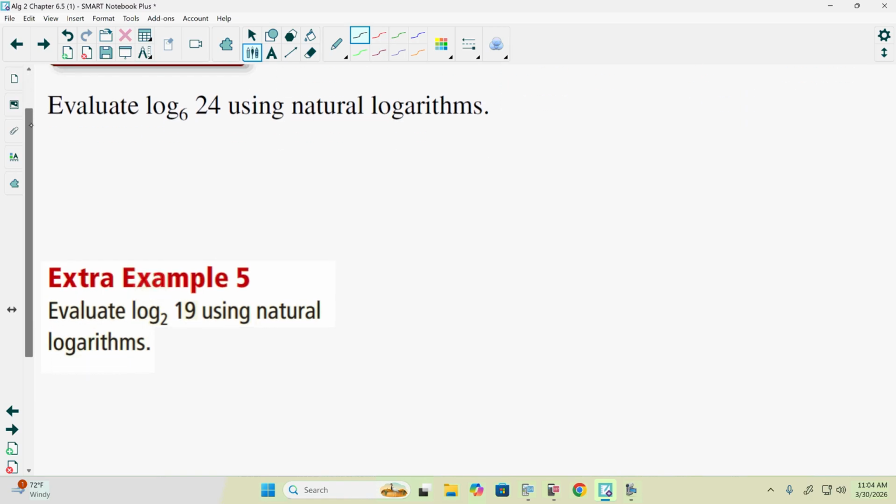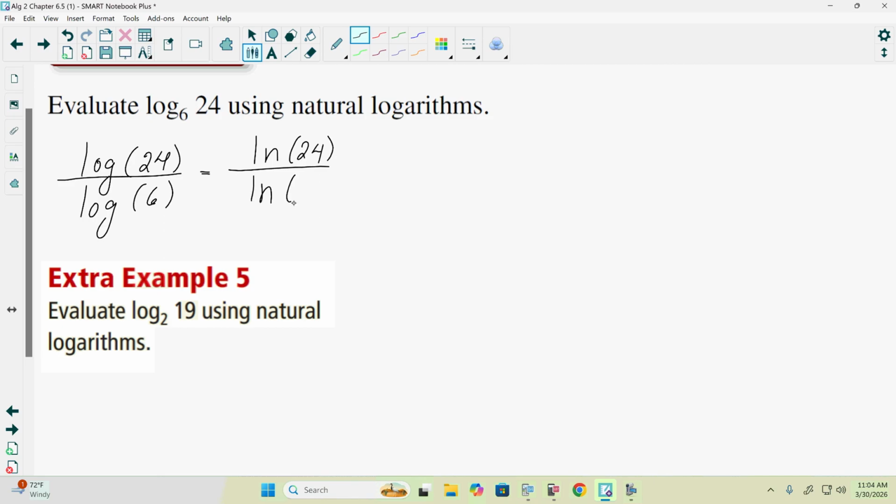So if I wanted to evaluate log base 6 of 24 and I did not have base 6 charts, but I had base 10, I can convert it. We can change this from log base 6 of 24 to log of 24, what's inside, over log of the base, which is the same as the natural log of 24 over the natural log of 6.